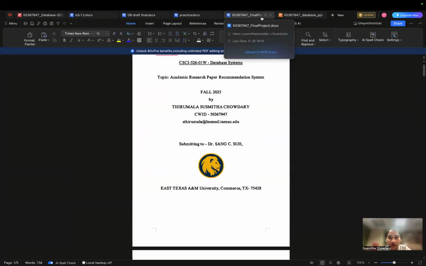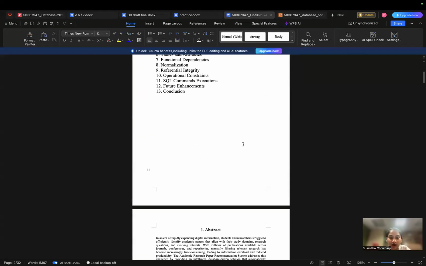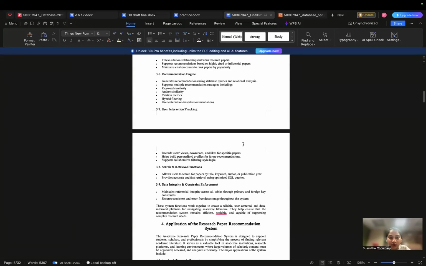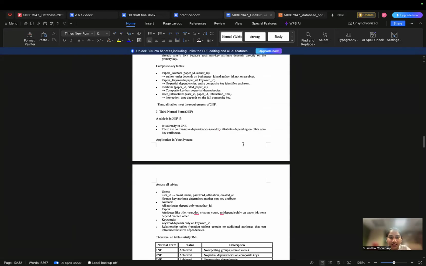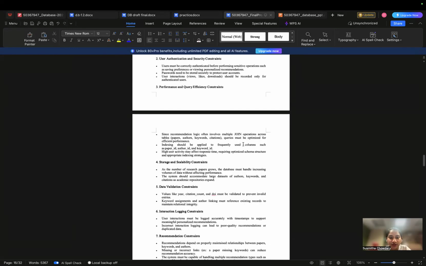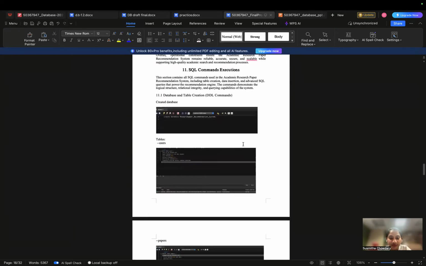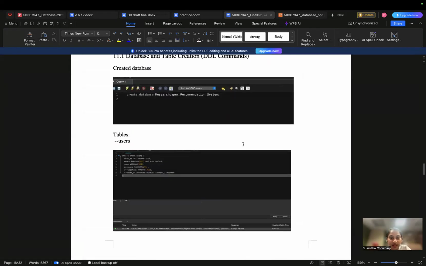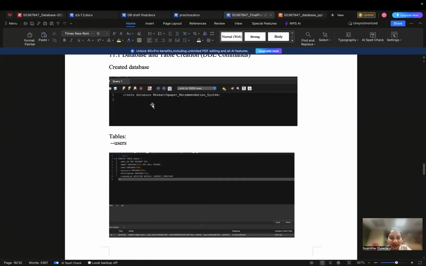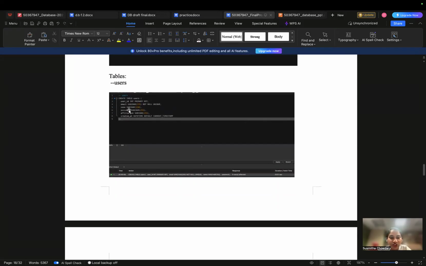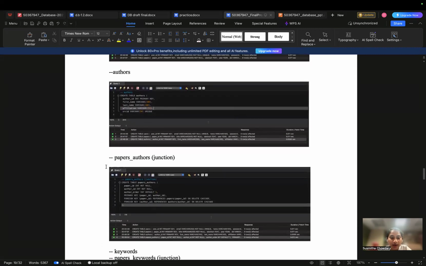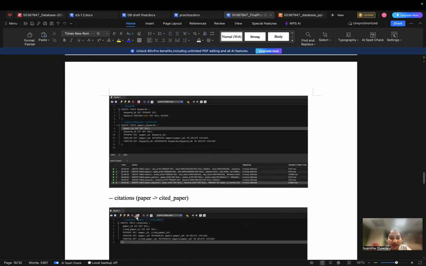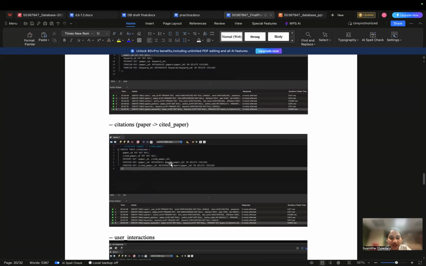Coming to my document, I have created all the information about my project, and also I have listed all the queries that I have used for my database creation. Here I have created my research paper recommendation system database, and then I have created each table such as users, papers, authors, paper authors, keywords, paper keywords, and citations.